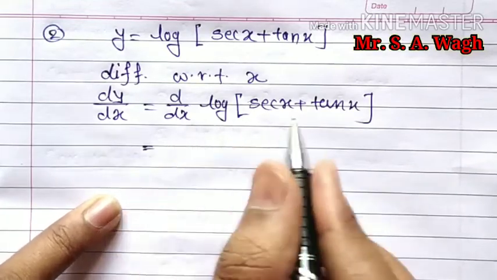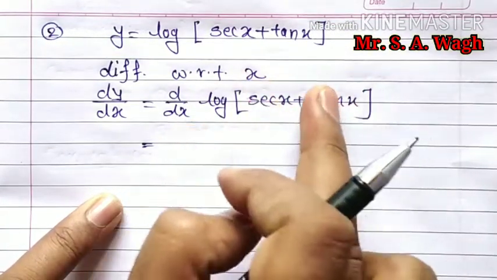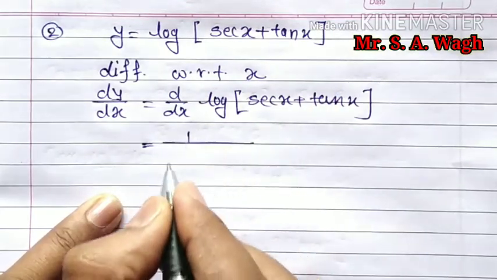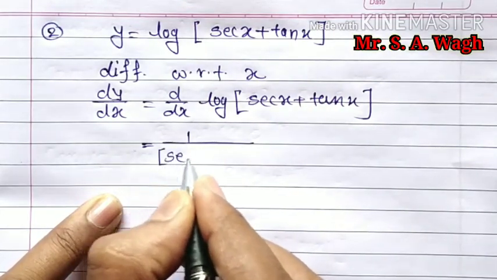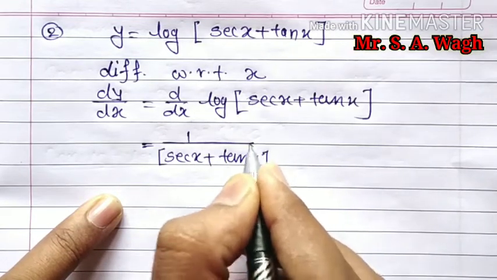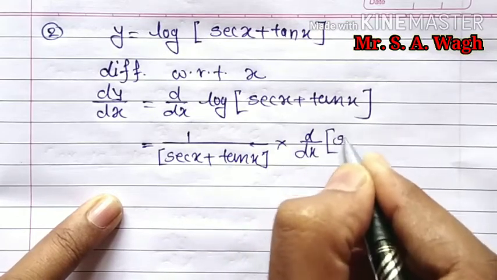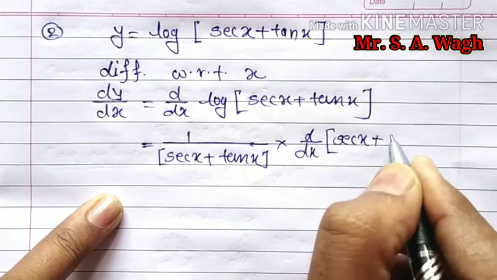This is equal to, now the derivative of log by considering this total bracket as x, the derivative of log x is 1 by x, so it is 1 upon sec x plus tan x, and again into we differentiate sec x plus tan x.